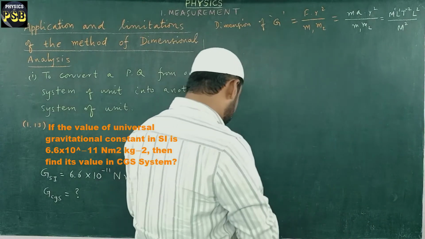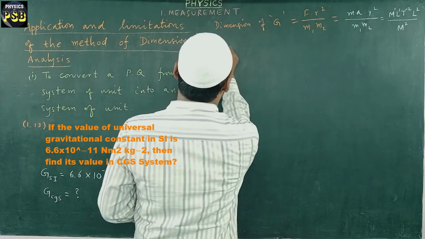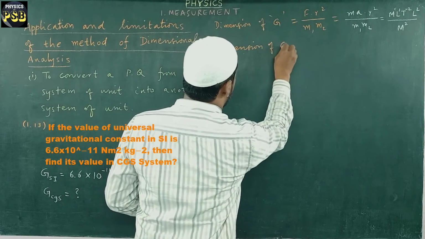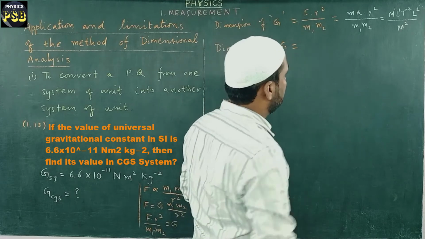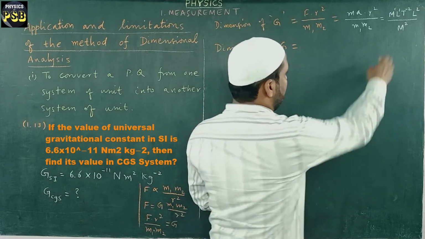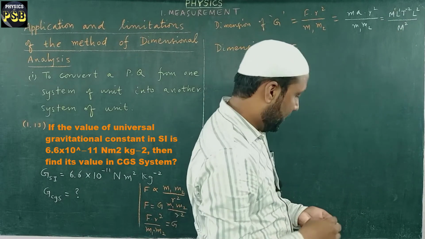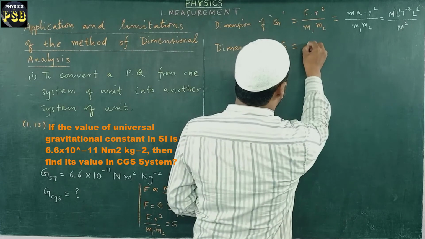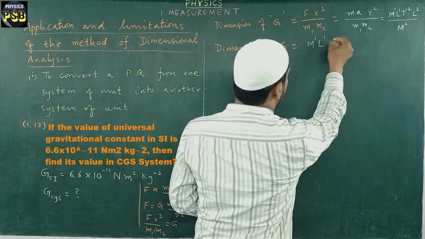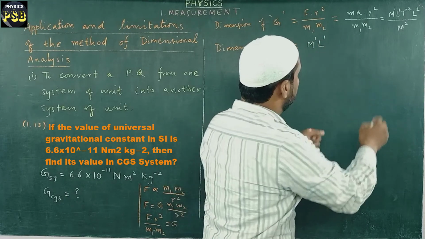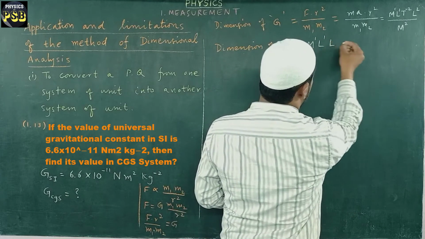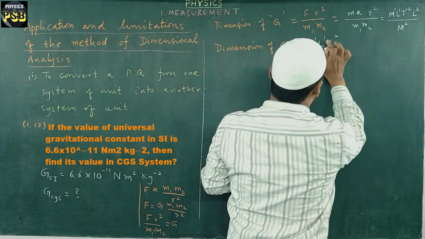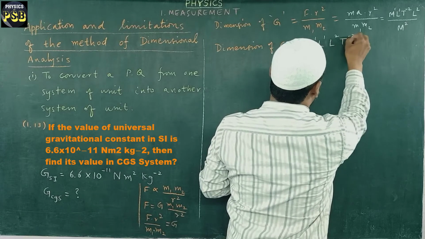Now the dimension of G is obtained if I take this term to the numerator. When I do so, what happened? L power 1 is multiplied with L power 2, which is present here. Beside this, I have rearranged it. Then T power minus 2.